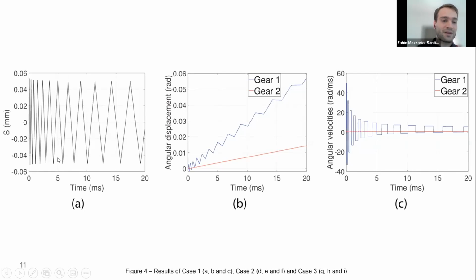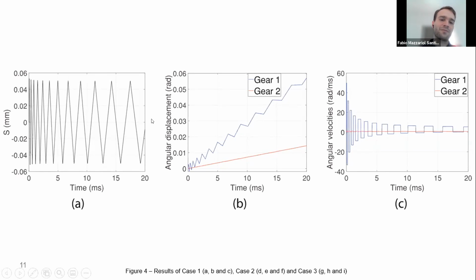So in the first one, in the relative displacement along the common normal line, we can see that the teeth are hitting each other. It causes the inversion of the movement, closing the clearance between teeth in positive and negative directions.